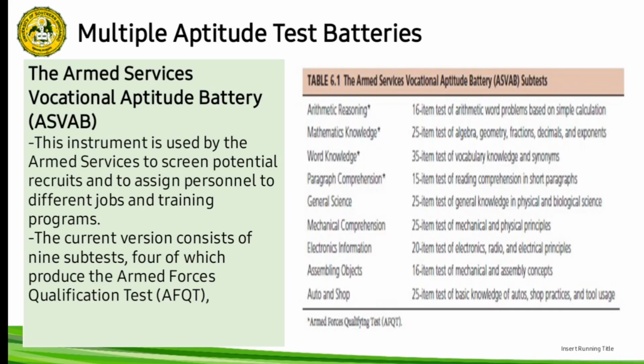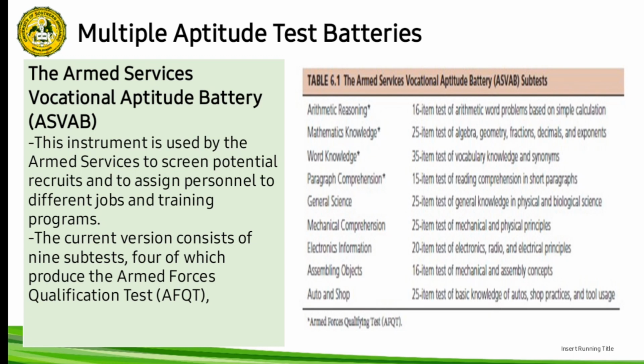And lastly, we have the Armed Services Vocational Aptitude Battery, or the ASVAB. This instrument is used by the armed services to screen potential recruits and to assign personnel to different jobs and training programs. The ASVAB is also available in a computerized version that is rapidly supplanting the original paper and pencil test. The current version consists of 9 subtests, 4 of which produce the Armed Forces Qualification Test, or the AFQT.